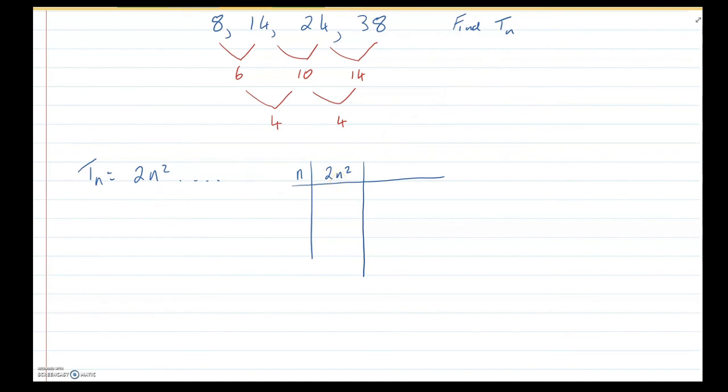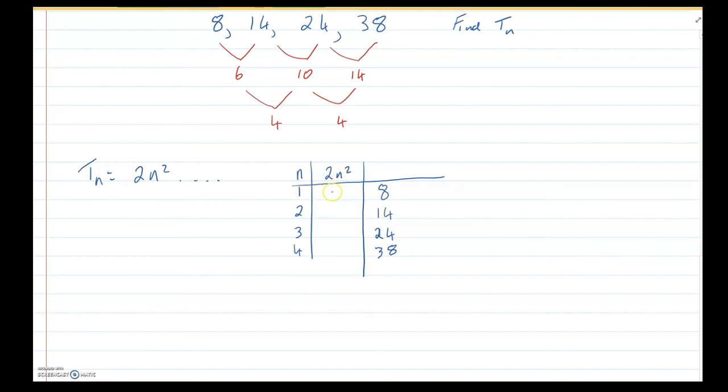So then we will put our different values of n: the first term, second term, third term, fourth term, and we'll write down what the terms actually are. The first term is 8, the second is 14, the third is 24, and the fourth is 38. So we know that the start of Tn is 2n squared. And then are you adding something or subtracting something to end up with the term? That's what we're going to see.